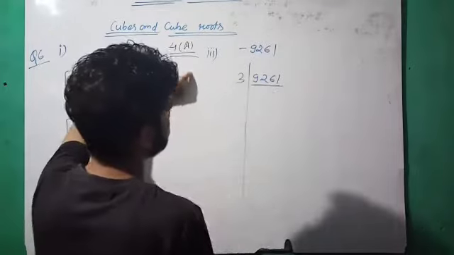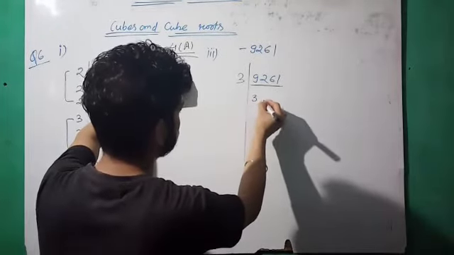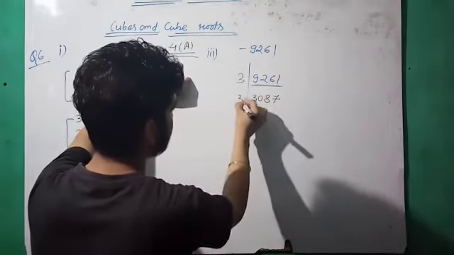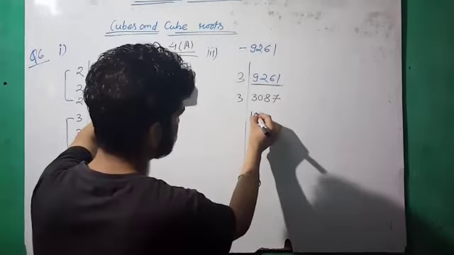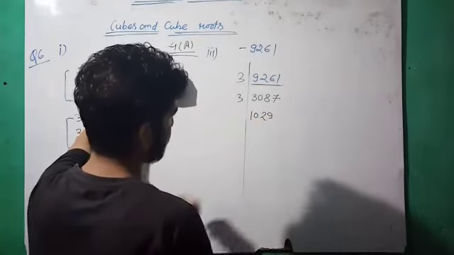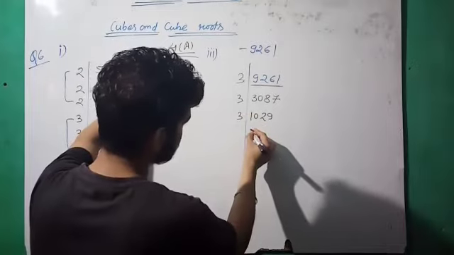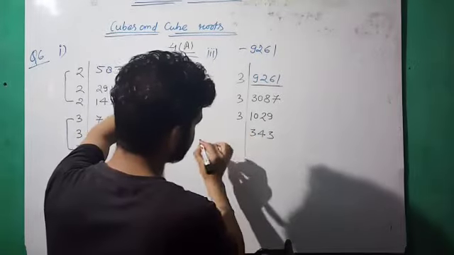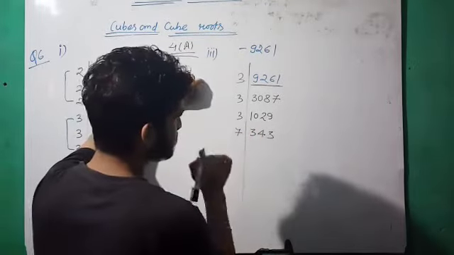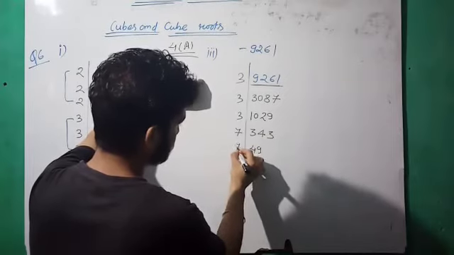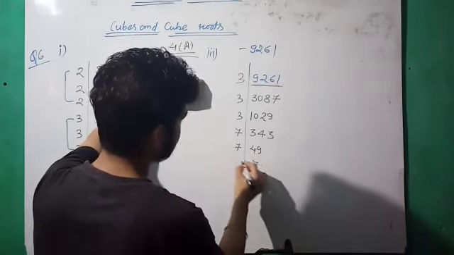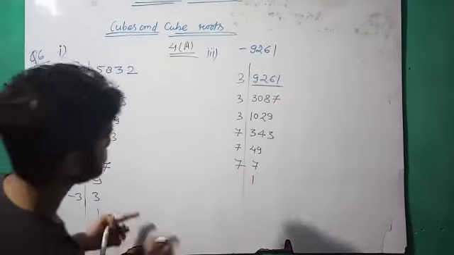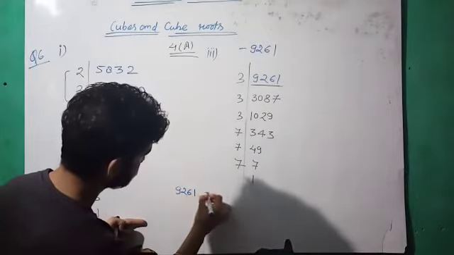So divided by 3, 3087. Again 1029. Again divide by 3, 343. Now the number is divided by 7: 49, 7, 7 and 7, 1.